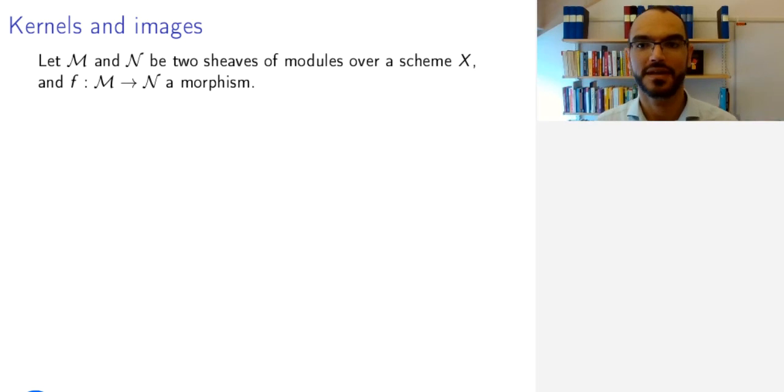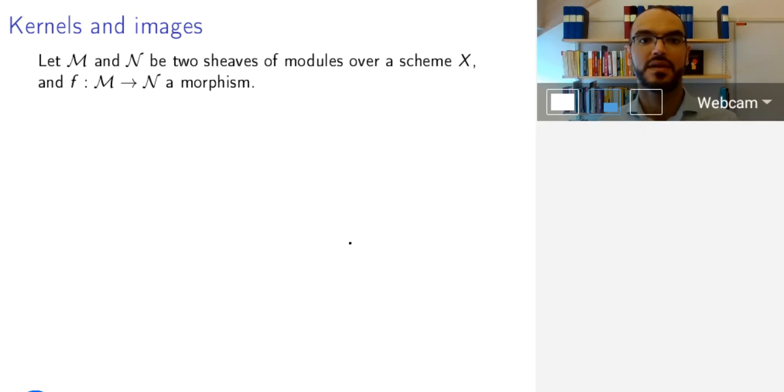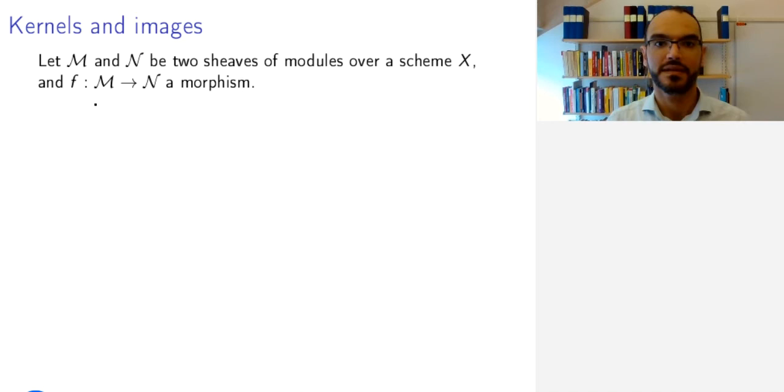Let us now look at some constructions with sheaves of modules and pre-sheaves of modules. So the first natural thing to consider maybe is the issue of kernels and images of maps. Let M and N be two sheaves of modules over a scheme X, and let F from M to N be a morphism between them.